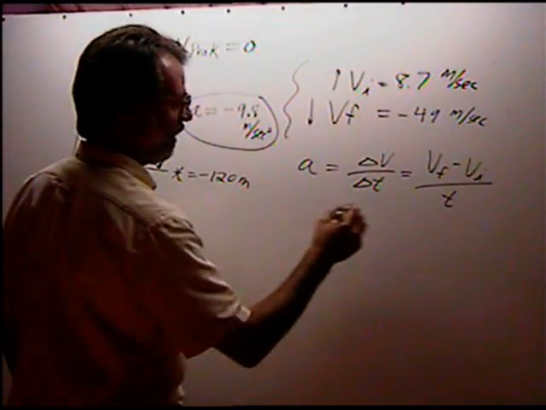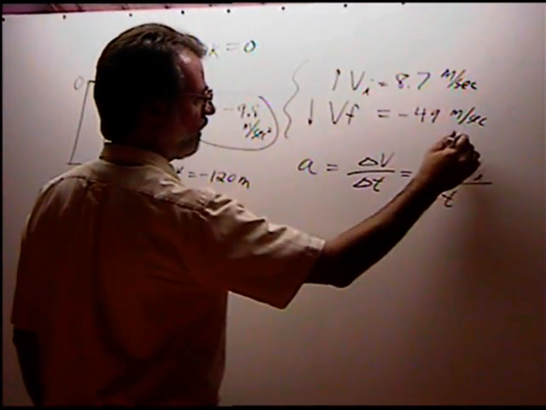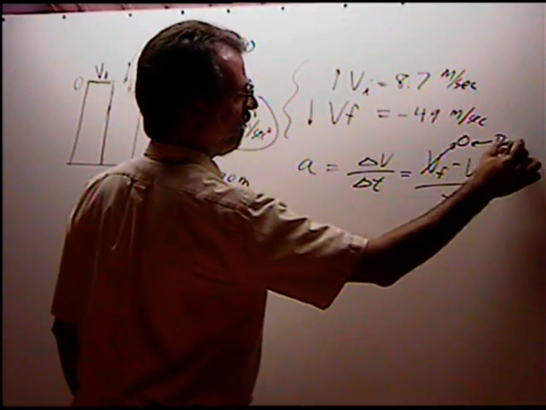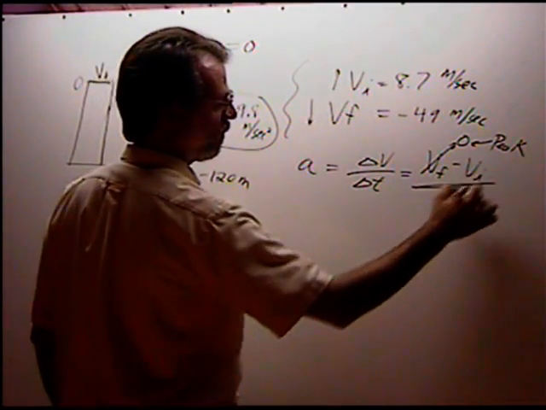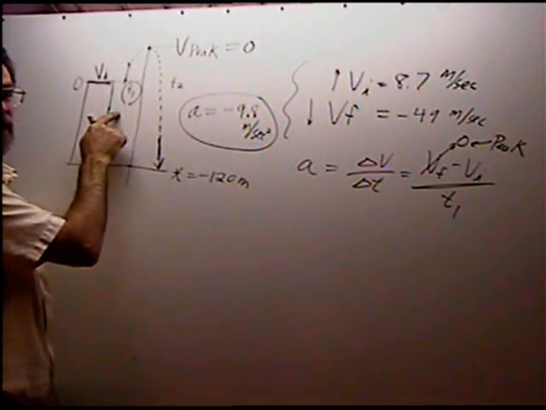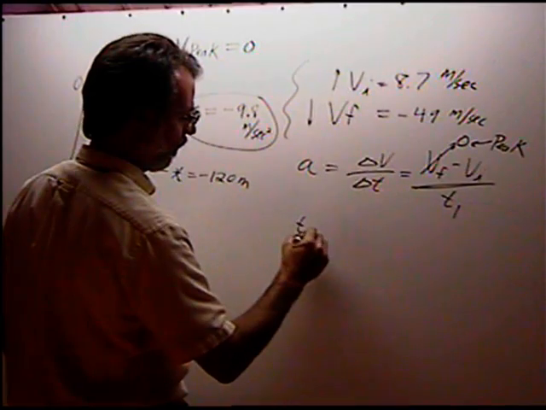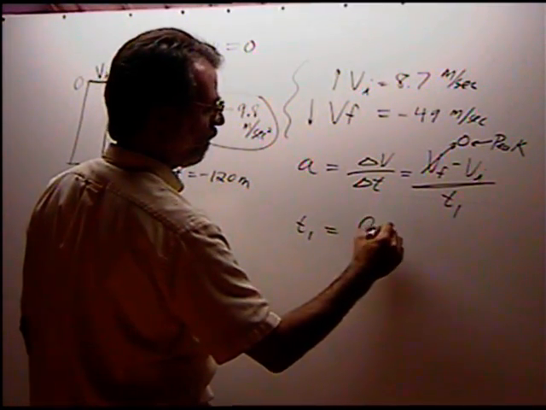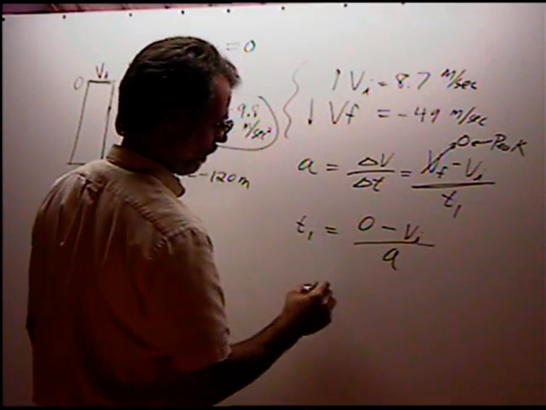So we're going to solve for the time when the final velocity is 0 right at the peak. And this will be the time number 1, T1. So T1 equals 0 minus the initial velocity, all divided by the acceleration.